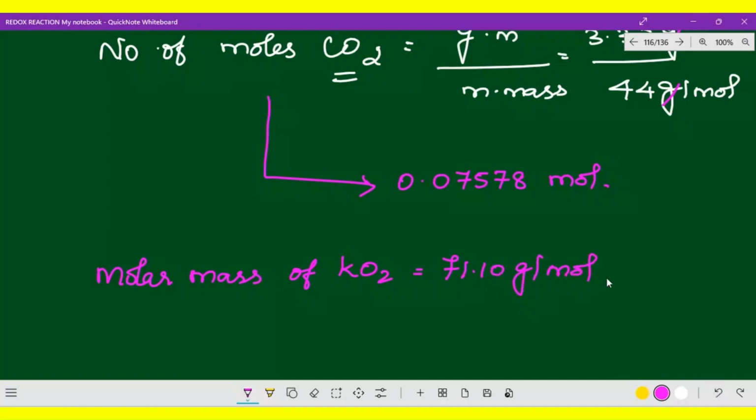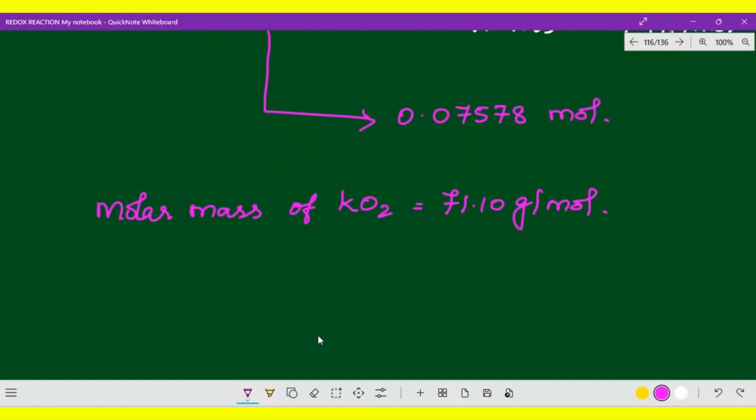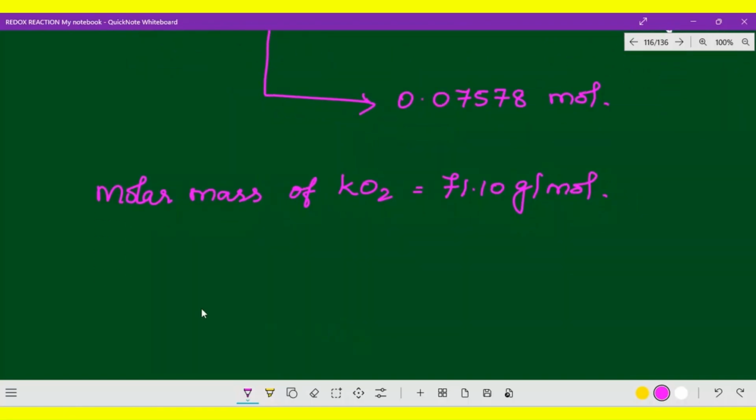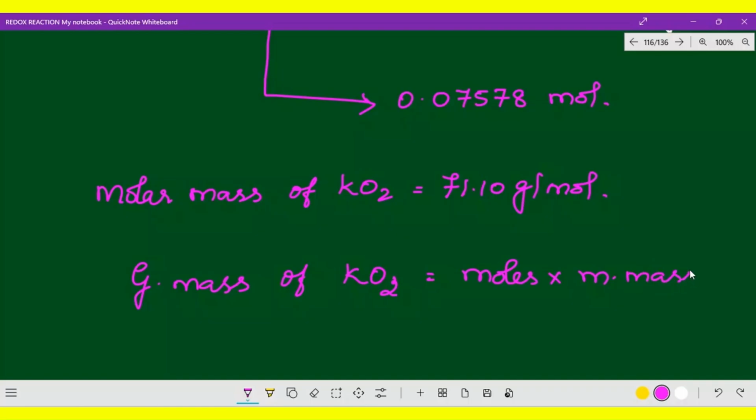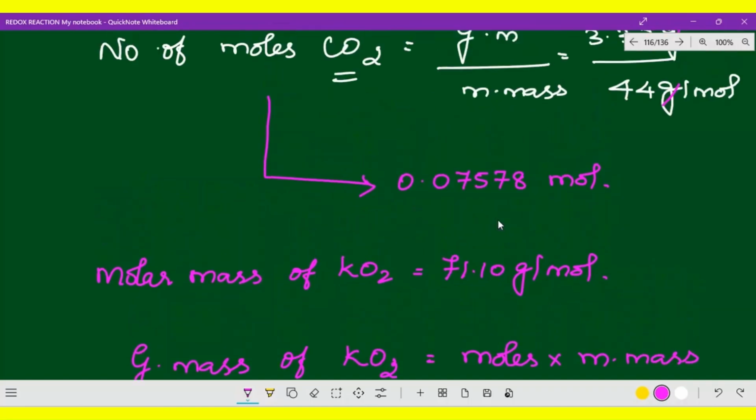That means the mass, now they are asking in the question, is the given mass of potassium superoxide. So here, how do we identify? Moles into molar mass. Can we identify in that way? Moles into molar mass.